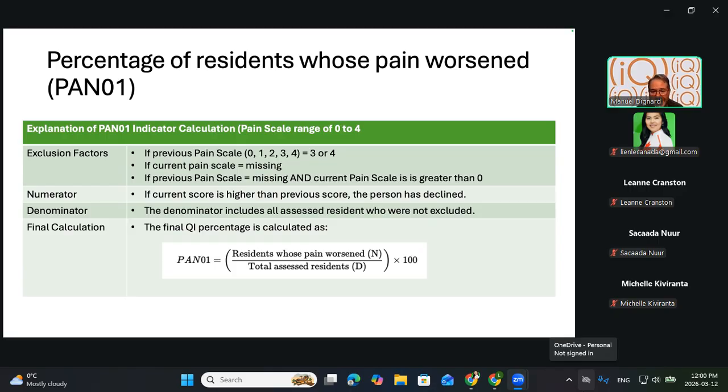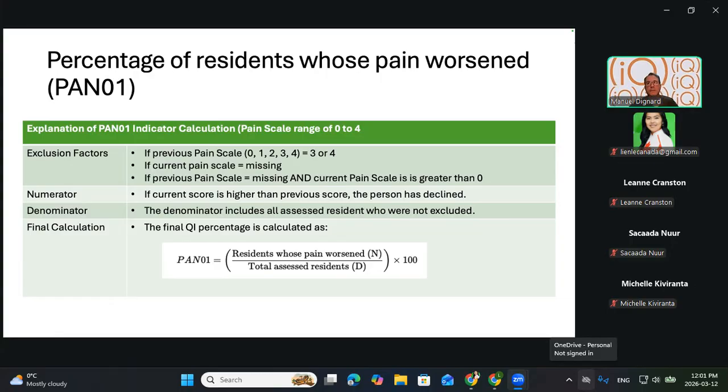Uncontrolled or worsening pain impacts not only a resident's physical comfort, but their mental health, their mobility, their overall quality of life. So this indicator can help identify gaps in pain management strategies, and prompt timely reassessment or treatment plans.